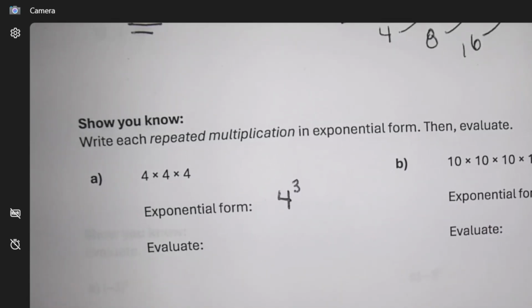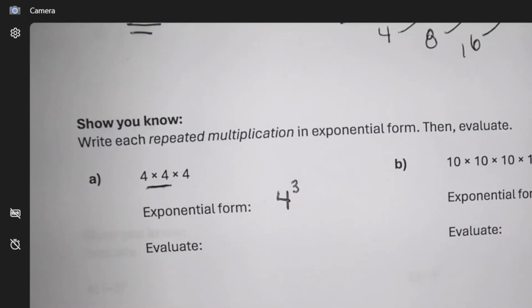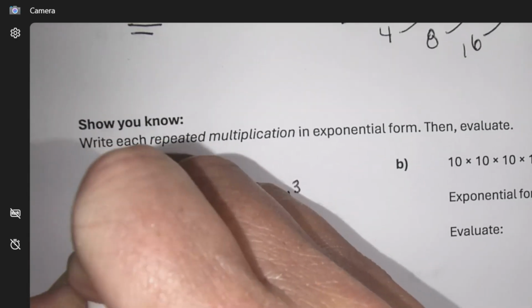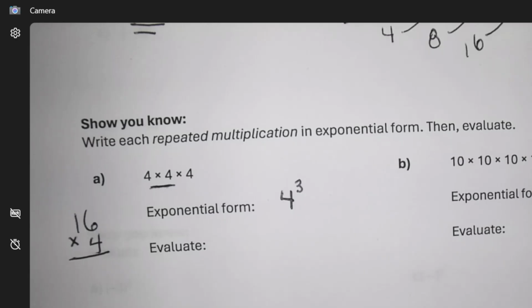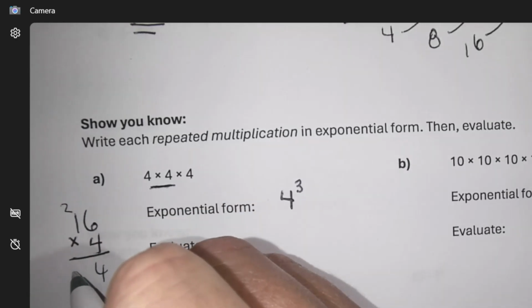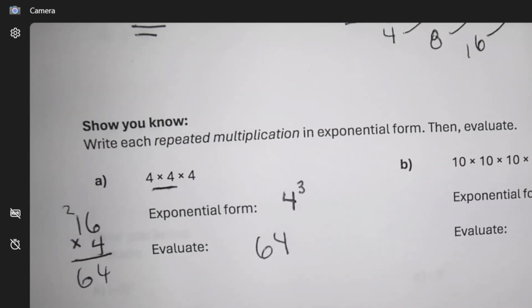Evaluate. I told you to try it without your calculator. So I would do this. 4 times 4 gets me to what right now? 16 times by another 4. This is 64. Boom.